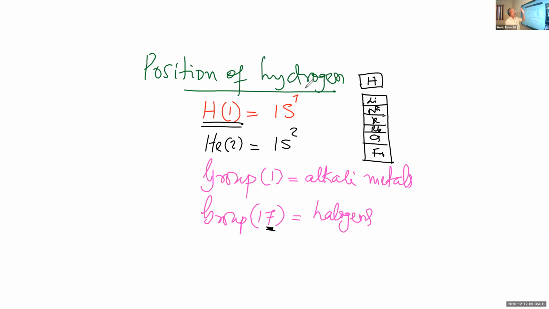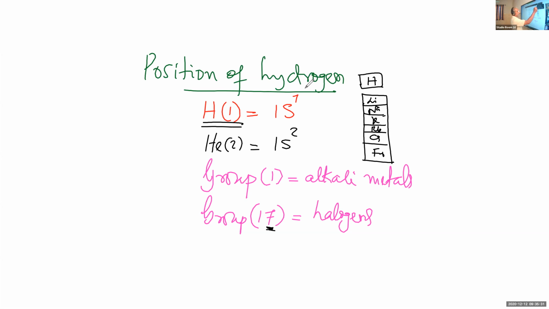The position number 1 is given to hydrogen, kept in a separate box above the alkali metals. That's about the position of hydrogen in the periodic table. And this problem arises due to the similarity of hydrogen with alkali metals as well as halogens.